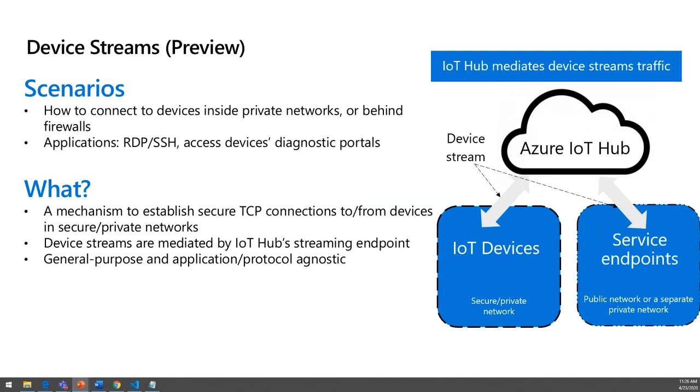IoT Hub device streams are great if you need to reach your IoT devices in a firewall-friendly manner, without the need to broadly open incoming or outgoing network firewall ports. This is really important, especially for folks who want to make sure that when they do have those firewalls, they can do that securely.